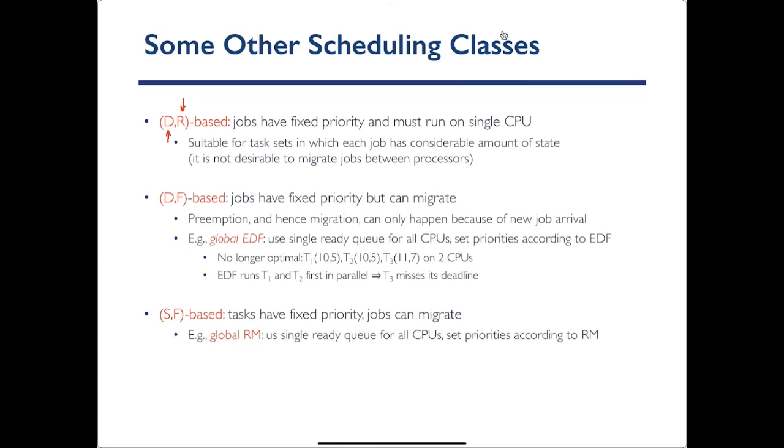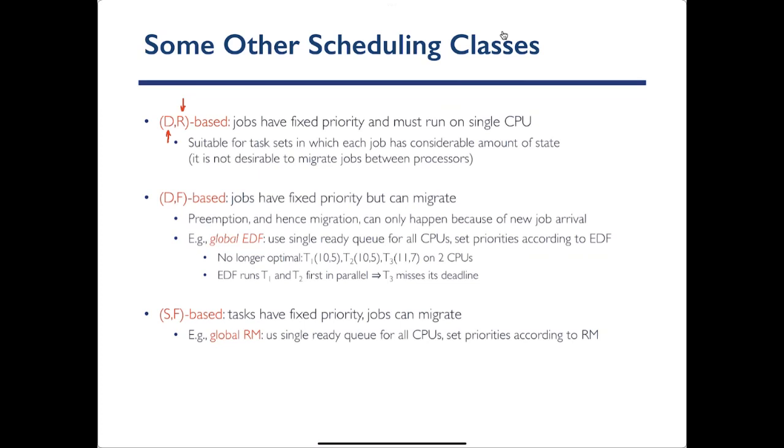This would be suitable for task sets in which each job has a considerable amount of state. So if you assign your job to a CPU, moving it to another CPU would introduce a lot of overhead. So if you remember, we talked about the memory footprint of our threads and tasks.